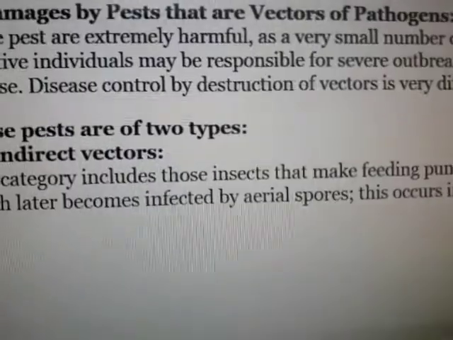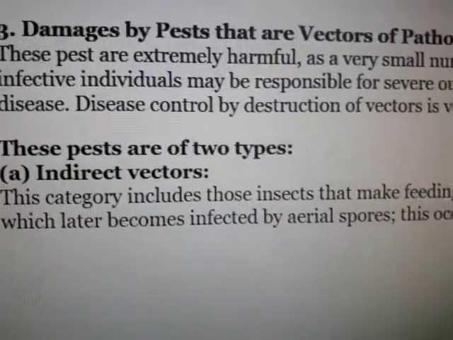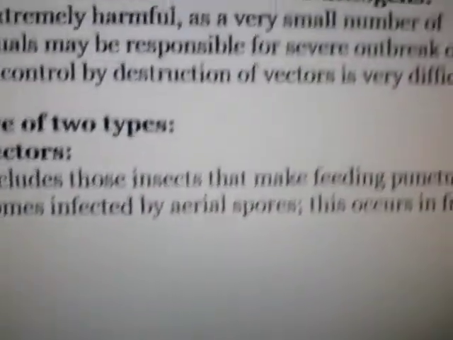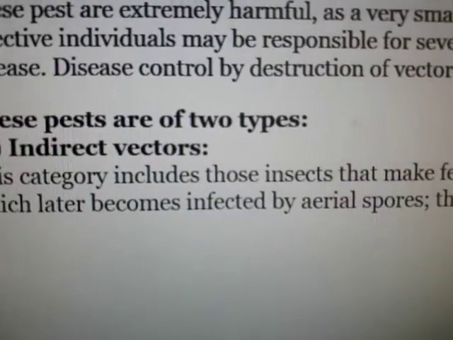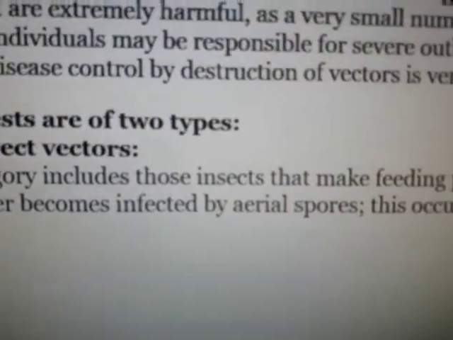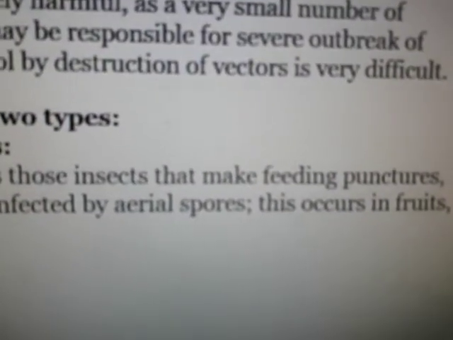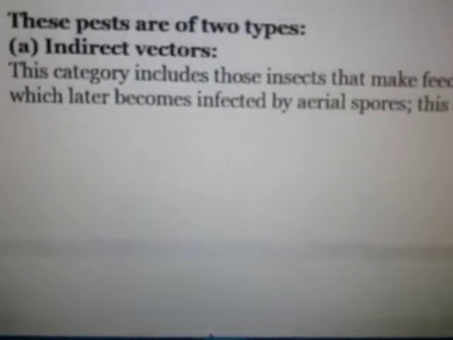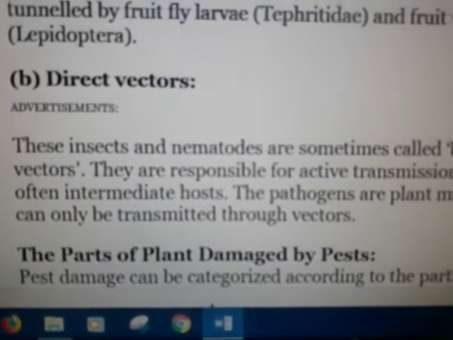These are extremely harmful, and a very small number of infective individuals may be responsible for a severe outbreak of disease. Disease controlled by destruction of vectors is very difficult. These pests are of two types: indirect vectors and direct vectors.